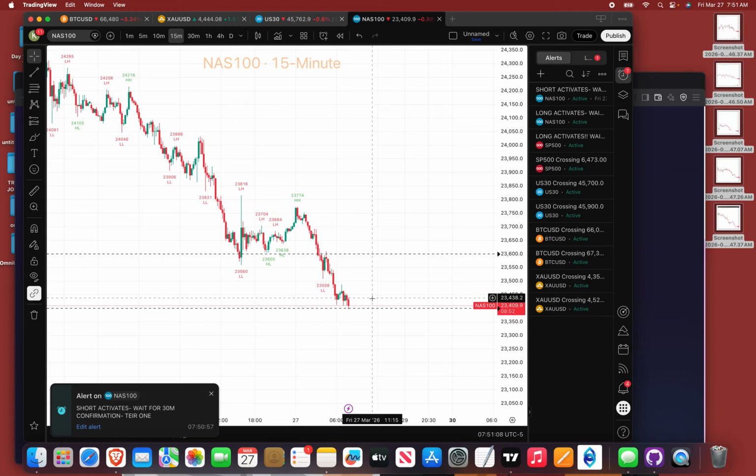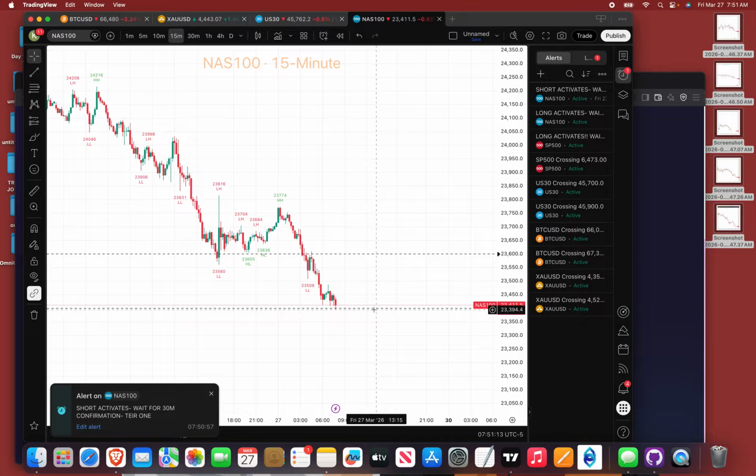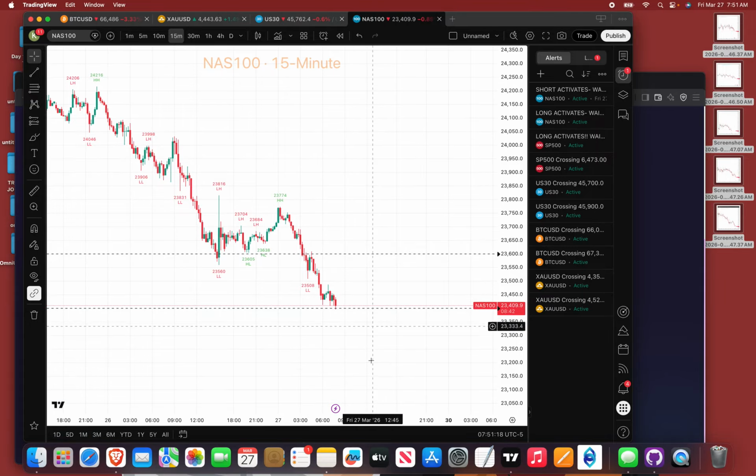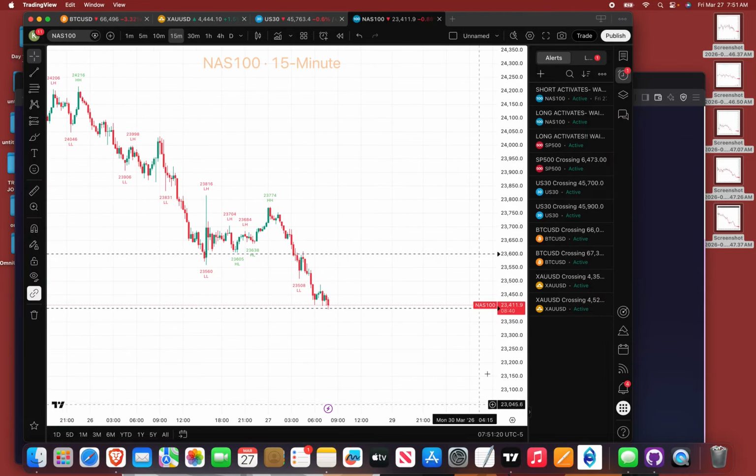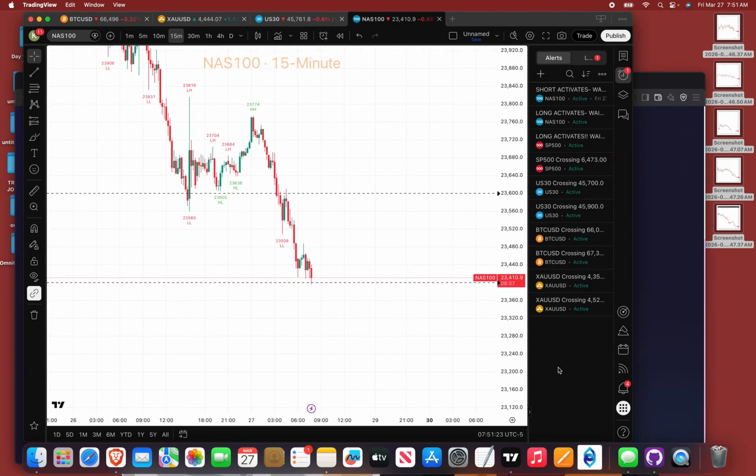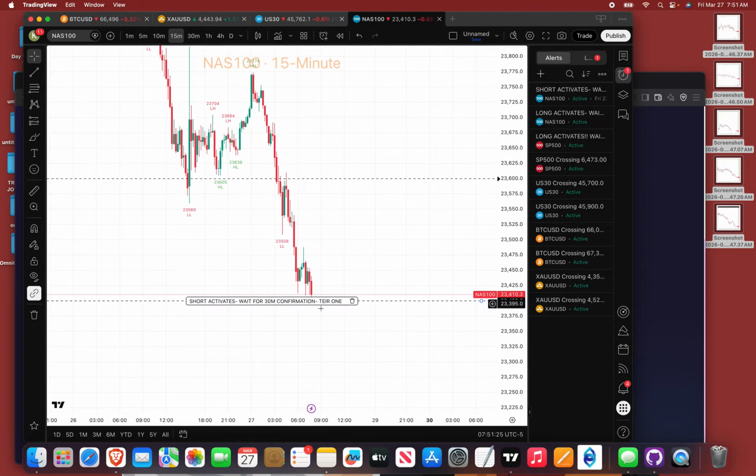So NAS100 already just activated right here. See that? That's perfect. It just hit our alert, but the market's not even open yet, guys. So don't just jump in there. Wait for the market to open. Let's make that bigger so we can see. See that? Fake out. It's a wick. It touched it. It needs to close above that line. The 30 minute. Let's go to 30 minute actually.